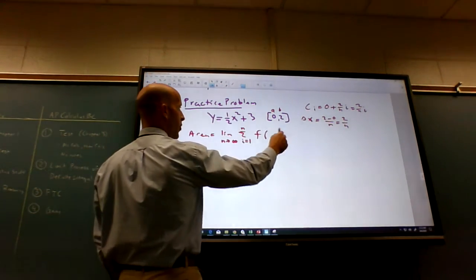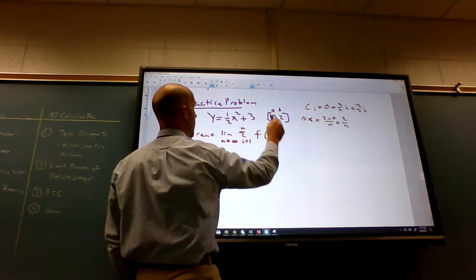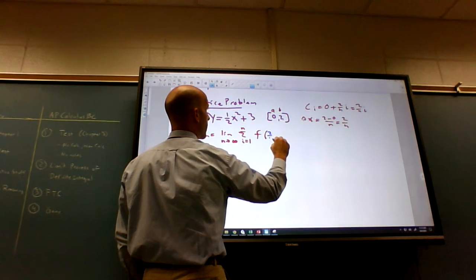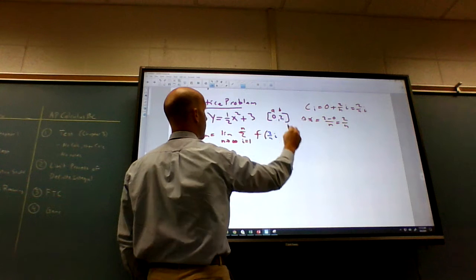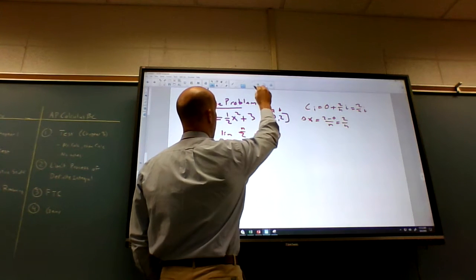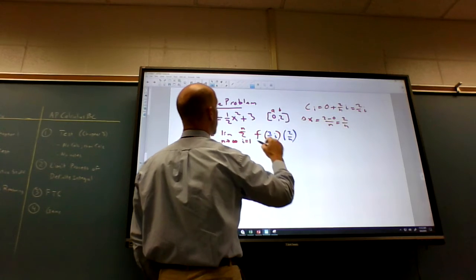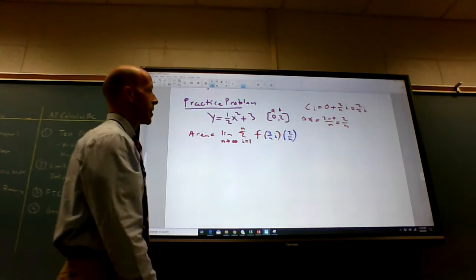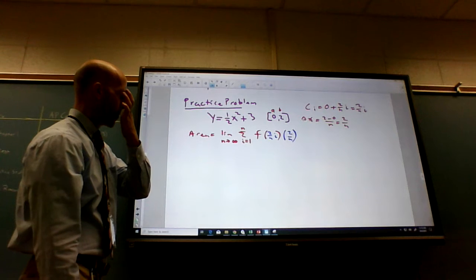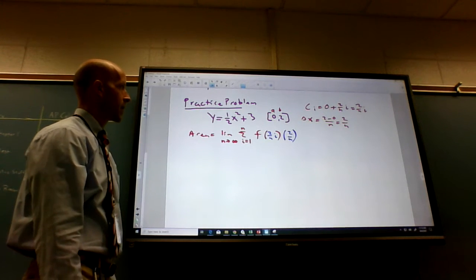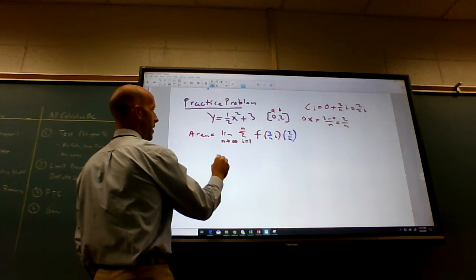So now I can literally plug that into our formula here, and I'll do that in blue. So this is going to be 2 over n times i, times our delta x, and our delta x here is 2 over n. So the only thing I've done here is the initial substitution of the x sub i and the delta x. And so then let's go ahead and continue.